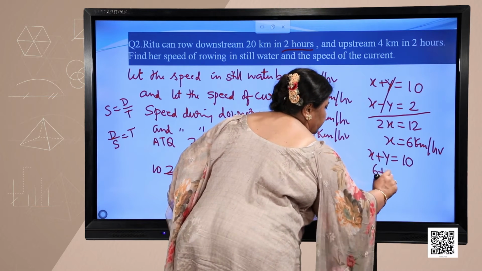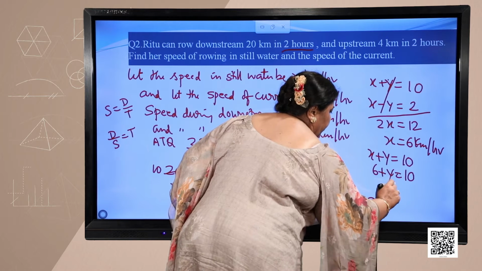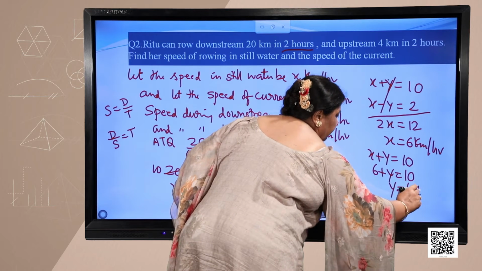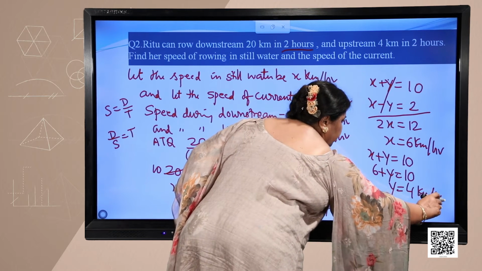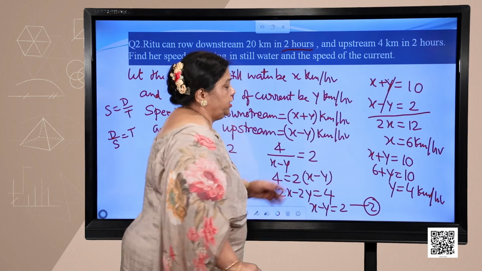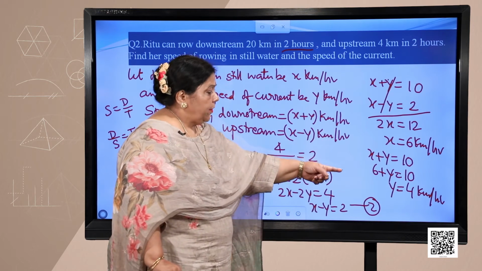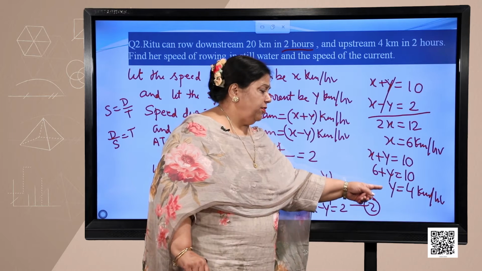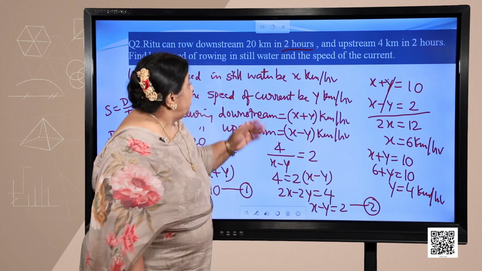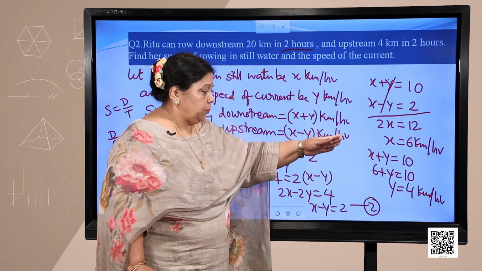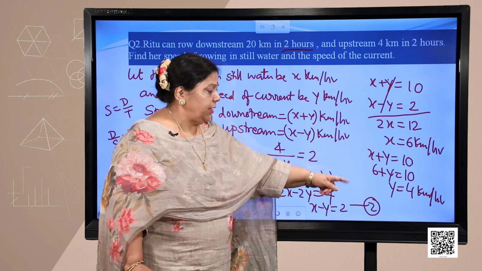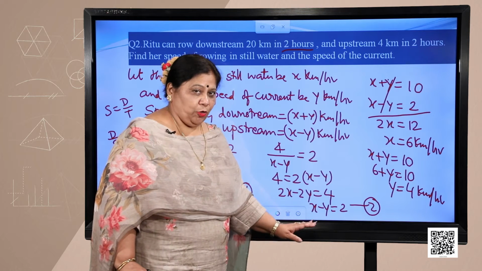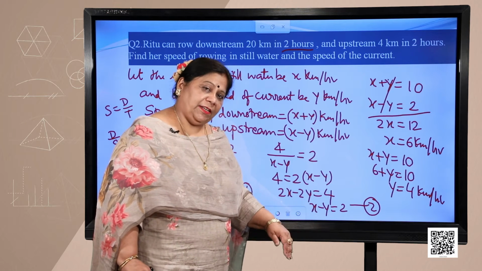So, 6 plus y is equal to 10, so y is equal to 4. So, x is 6 kilometers per hour, that is speed in still water, and y is 4 kilometers per hour, that is speed of current. So, we have obtained the speed in still water and speed of the current. I hope it is clear. Shall we go to the next question?